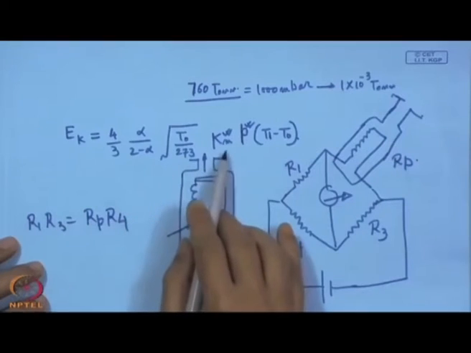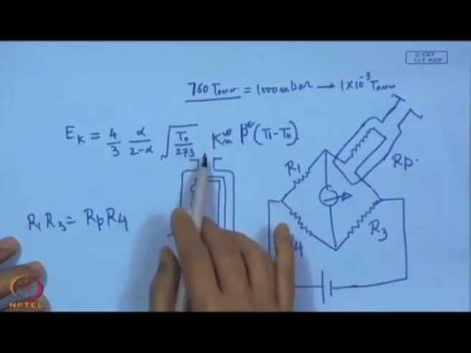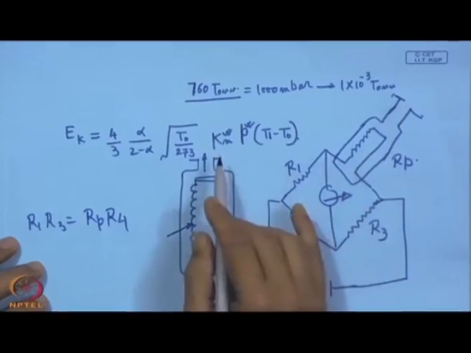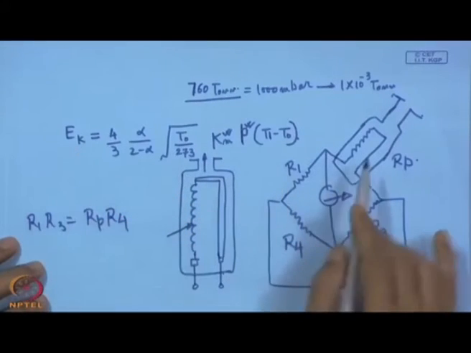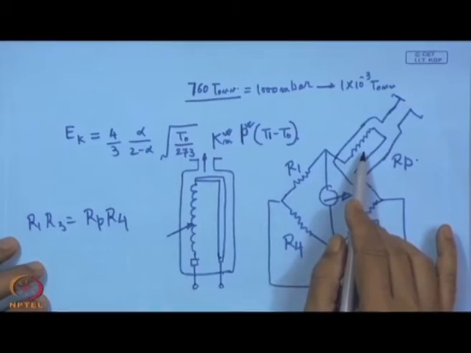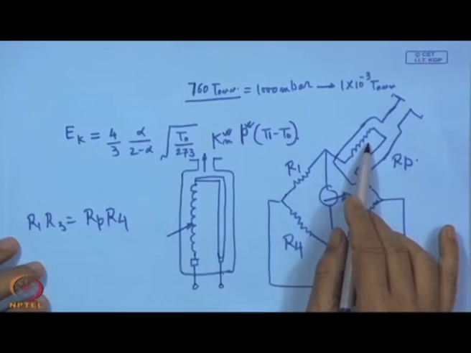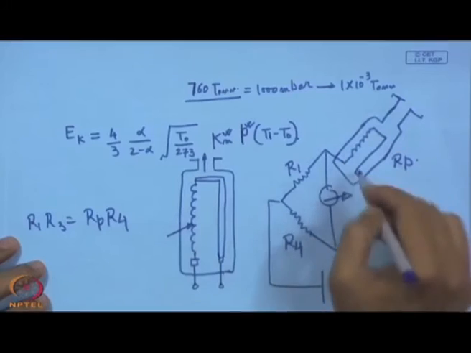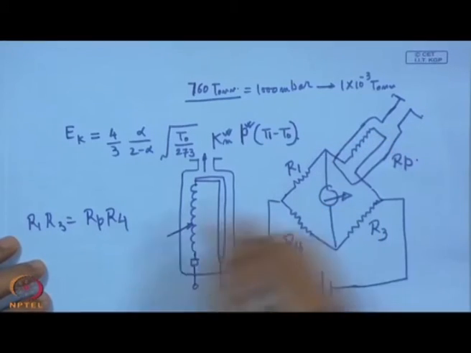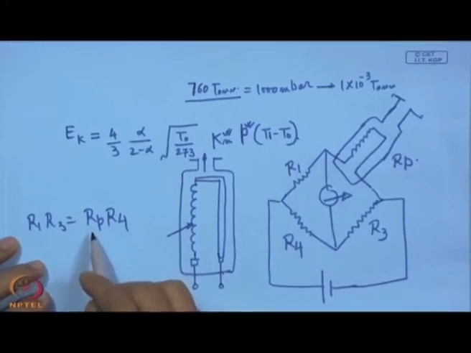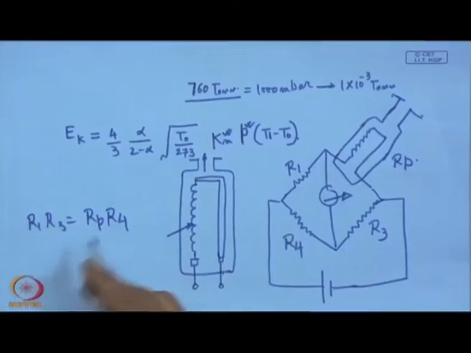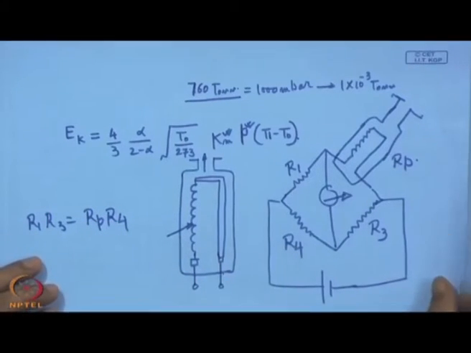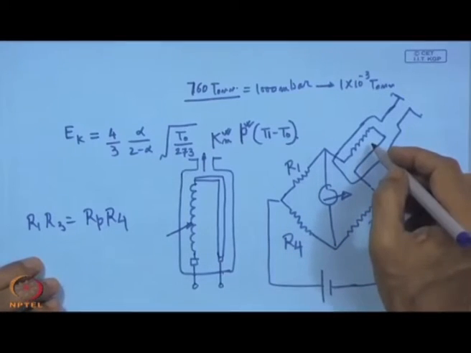Because of the fall of the conductivity due to the change in pressure, the temperature will rise here, and this rise of temperature will cause a rise in the resistance. The value will be disturbed and will be different from the resistance prevailing during the null condition. As a result of that, we can have an output.